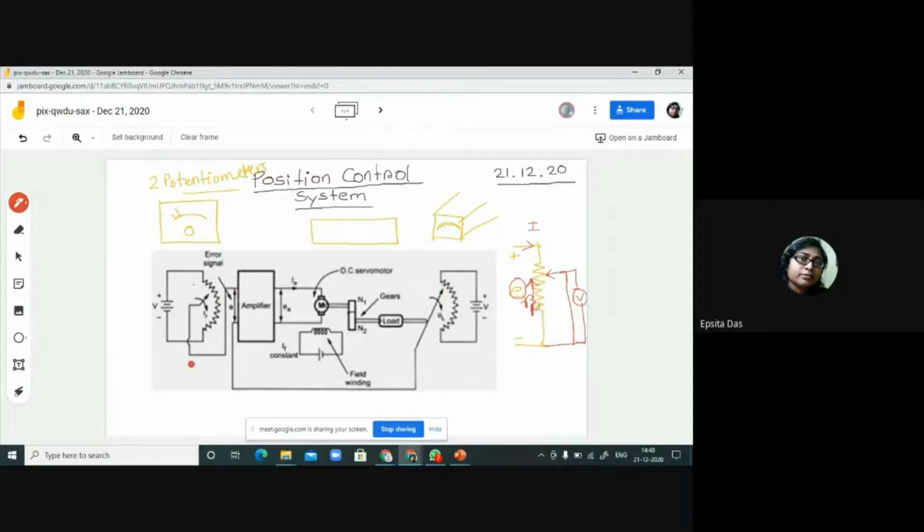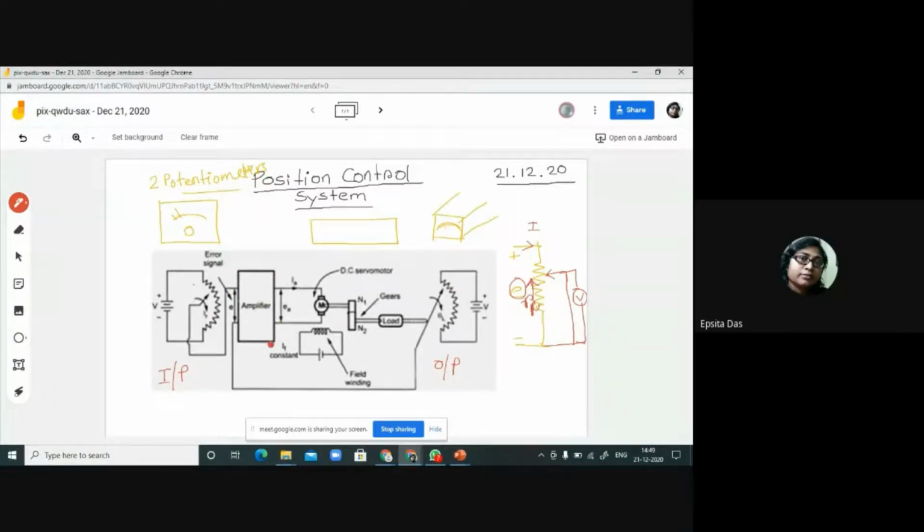Similarly, this is the input or reference potentiometer, and this is the output potentiometer. From the output potentiometer, this variable point is also connected to the amplifier. So this amplifier is getting the difference of EMF produced by the two potentiometers.